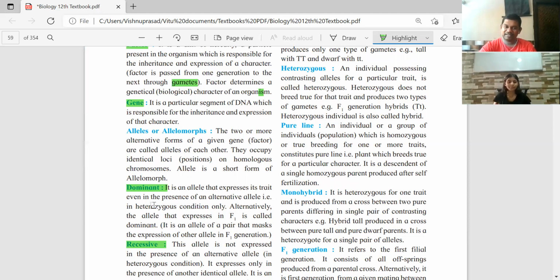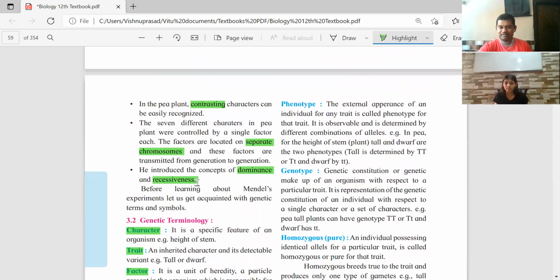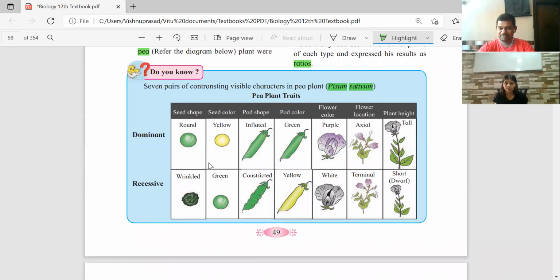And generally, dominant alleles are always expressed more, and those characters are always seen more in a given population. इसलिए उसको dominant करके बोलते हैं. Now, like in this chart, in this table that you saw, how do we decide कि round dominant and wrinkled recessive? Pea plant पे लिखा हुआ तो नहीं है कि I am dominant, I am recessive. नहीं. We have decided it.